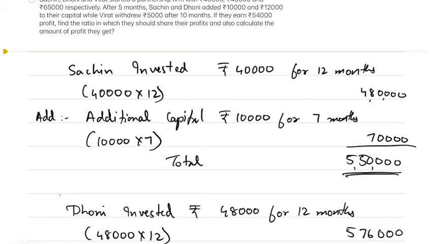Okay. Then add additional capital. So additional capital is 12,000, which is rupees 12,000. Okay, for 7 months.